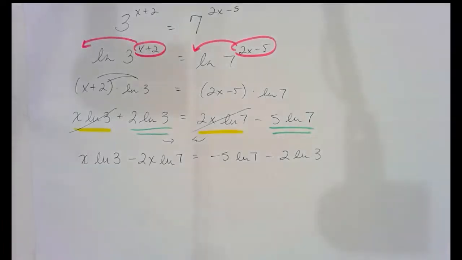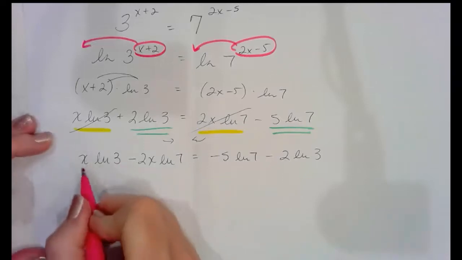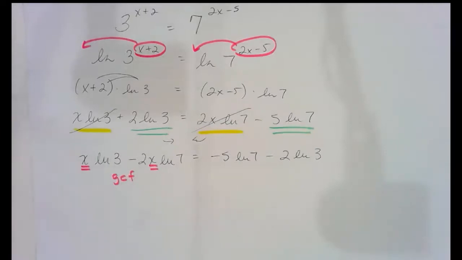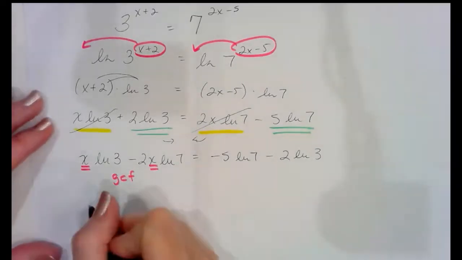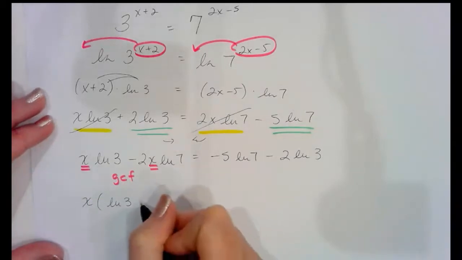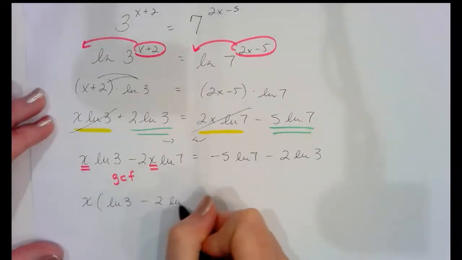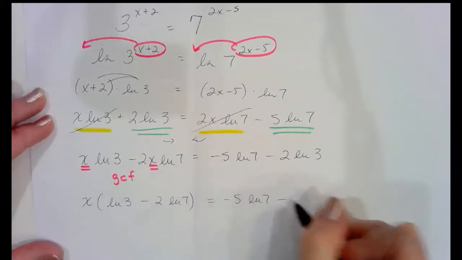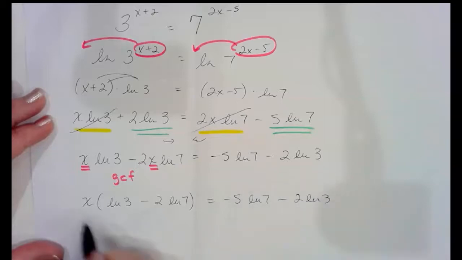So once we have grouped together the somewhat like terms, what we need to realize is that x right here is the GCF. It's the GCF that we are going to factor out. So x times ln 3 minus 2 ln 7 equals negative 5 ln 7 minus 2 ln 3.